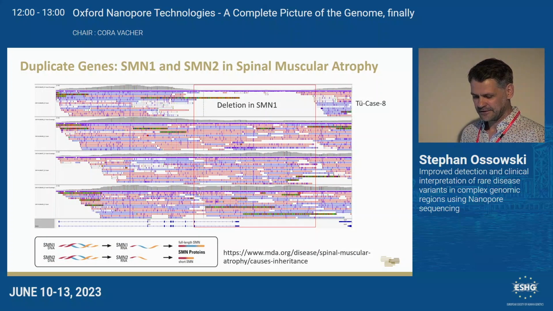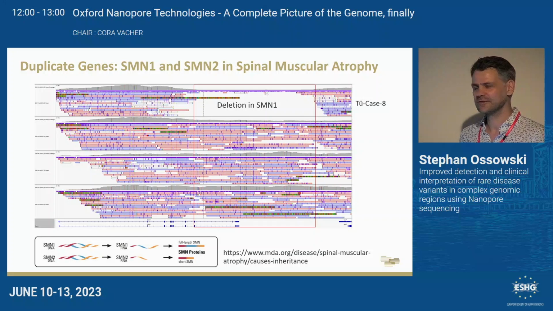All right, here is a final example, and because of time that's my last one, for the duplicate genes. You are probably all familiar with SMN1 and its pseudogene SMN2, which also can have multiple copies, but SMN2 is not generating a fully functional protein, or at least only, I think, 15% of the SMN2 proteins are functional, the rest is not.